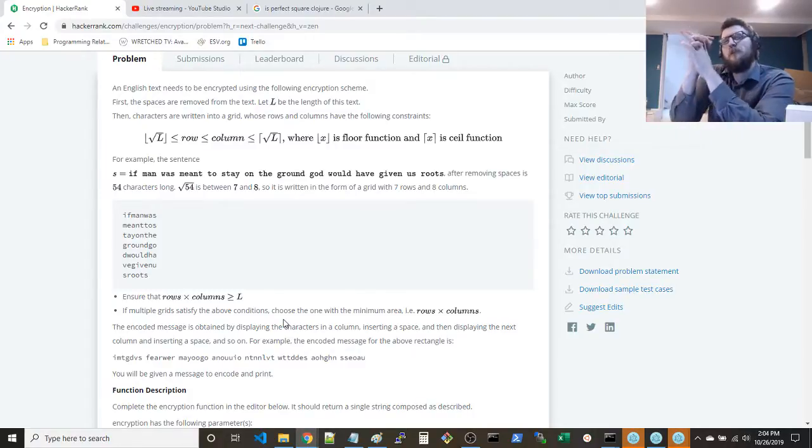Wait, is that like a really efficient way to determine if something is a perfect square? Take the square root and then take the floor of that square root and then multiply it by itself, and if the result is the number you started with, then it's a perfect square. Wait a minute. What?